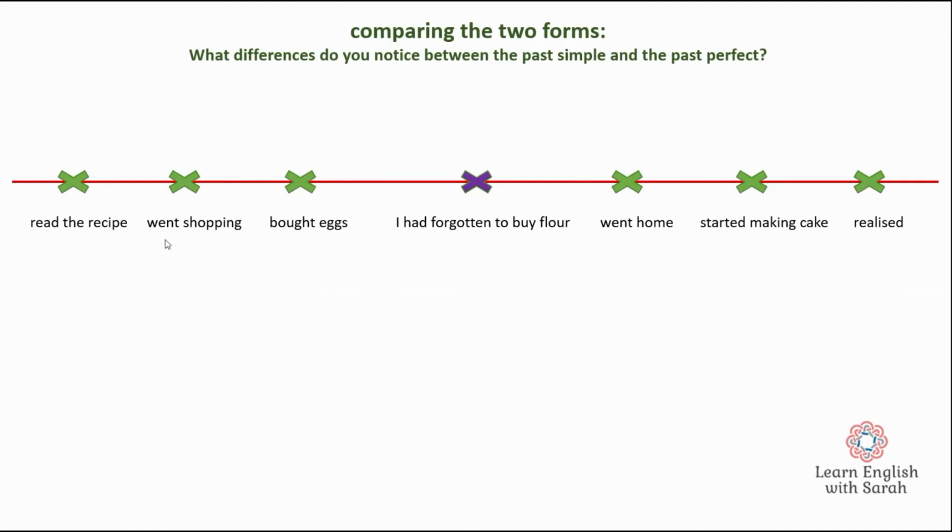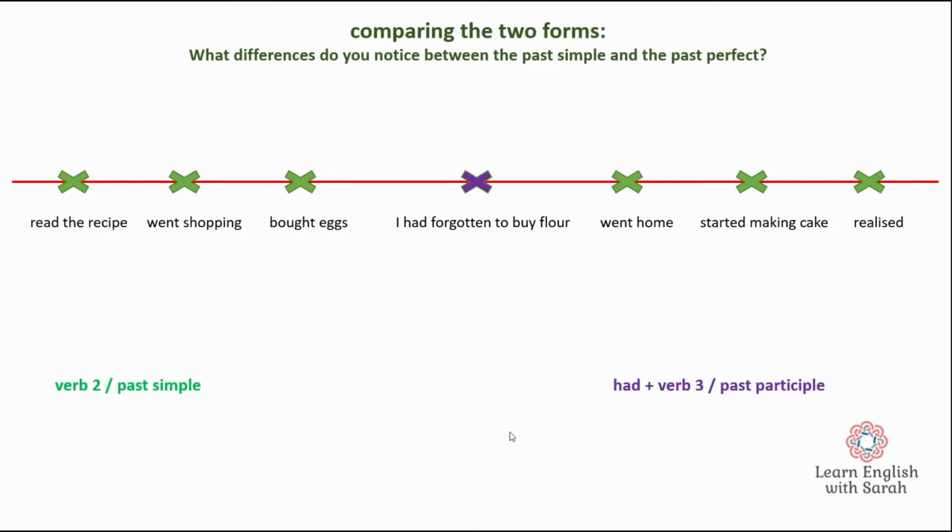Past simple is very easy. To make a past simple sentence, all you need is the past simple of the verb. So if you have a regular verb, you're just adding ed to the end. An irregular verb, obviously, is going to be different for each of them.